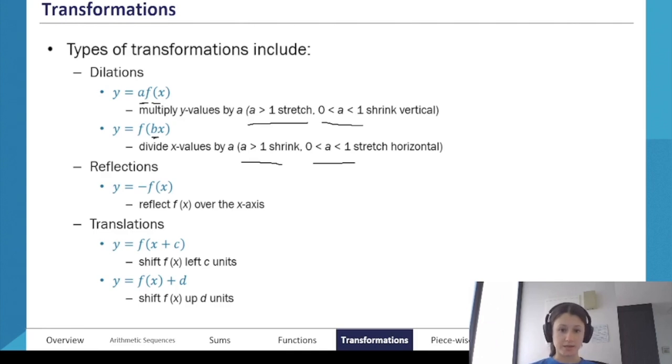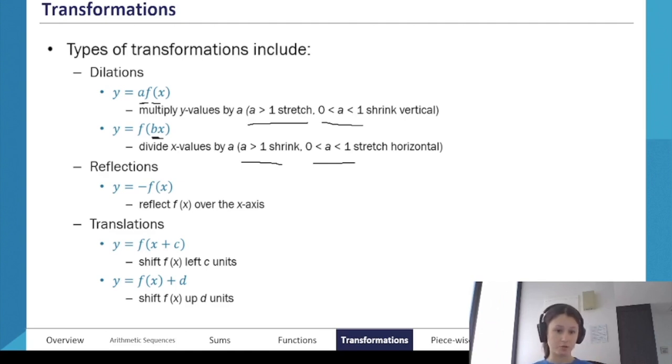As makes sense, if you are making the x values bigger by multiplying them by b, then for every y value, everything is going to be shrunk inwards because the x values are changing.